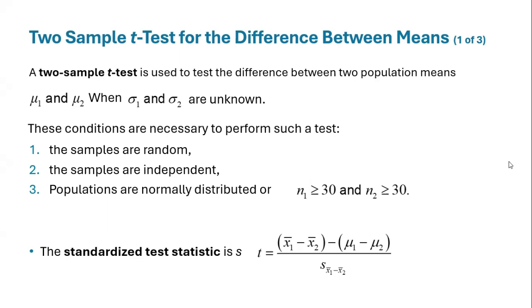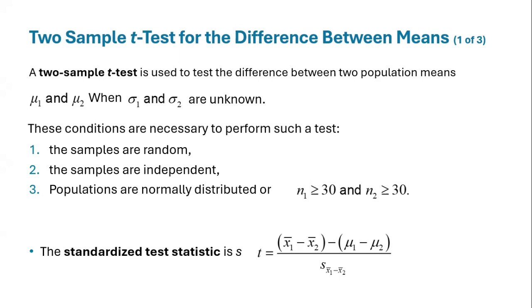So to start any hypothesis test, we need to check the requirements. So what are the requirements? First, the samples must be random. Second, the samples must be independent. And the third requirement says the population must be normally distributed, or, if not, each of those samples must be greater than 30.